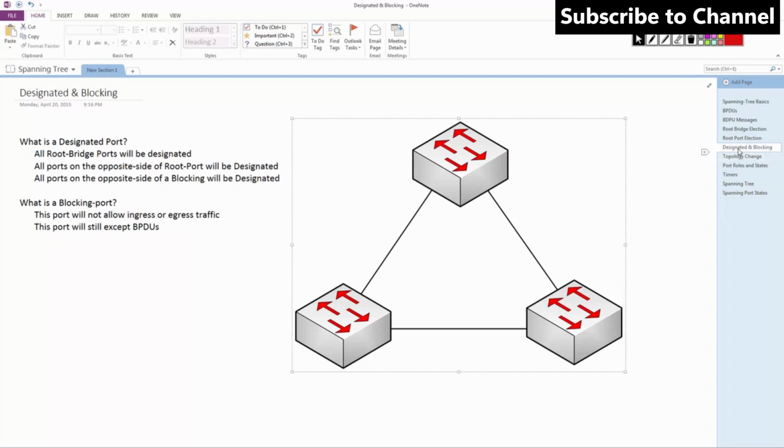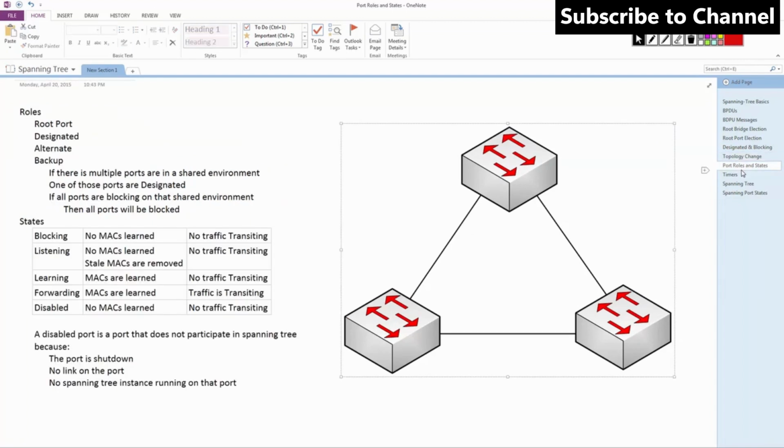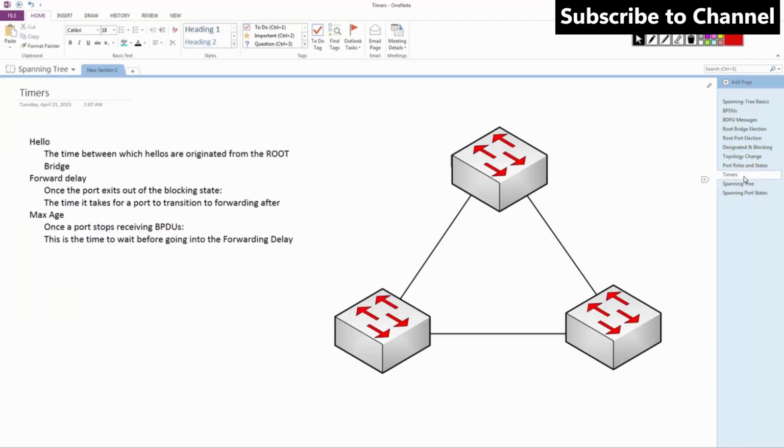We talked about our root bridge election, our root port election. We talked about our TCN, which is our topology change. And we also talked about our roles and our states of our ports and our timers. So we covered pretty much everything that you need to know about the basics of spanning tree. And that's how it all works.